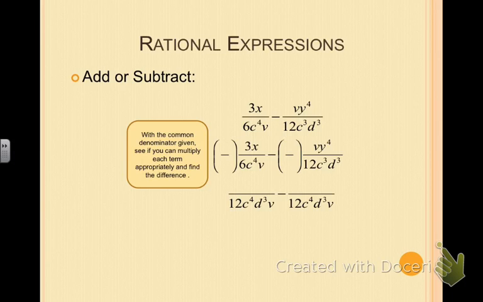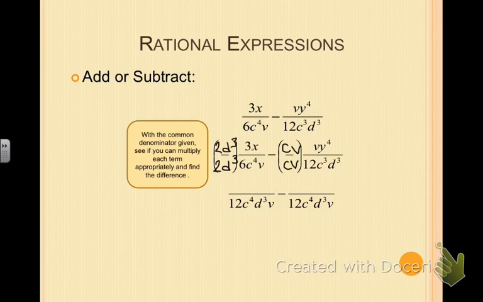Let's figure out what each fraction needs to be multiplied by to make the equivalent fractions. 3x over 6c to the 4th power v needs to be multiplied by 2d cubed over 2d cubed. Remember, you must multiply the numerator and denominator by the same quantity. Vy to the 4th power over 12c cubed d cubed needs to be multiplied by cv over cv.